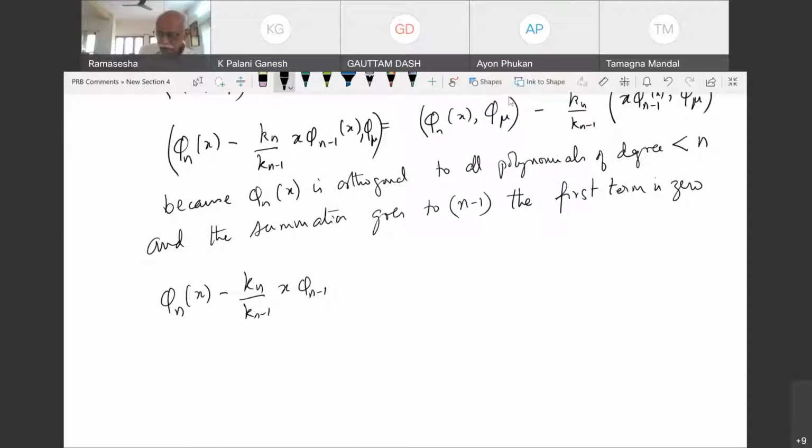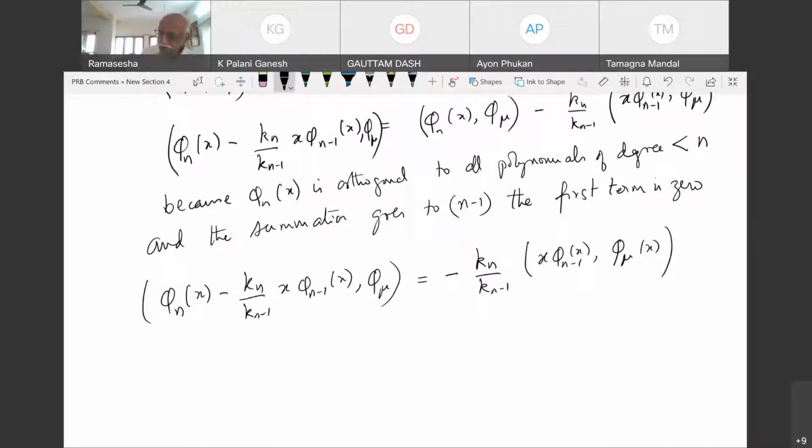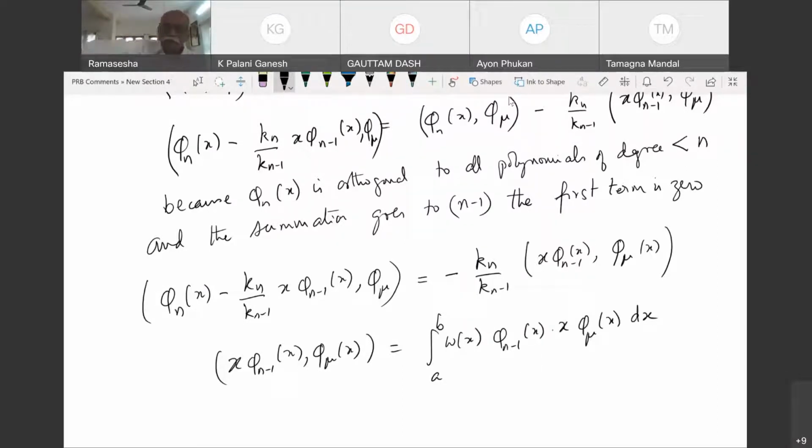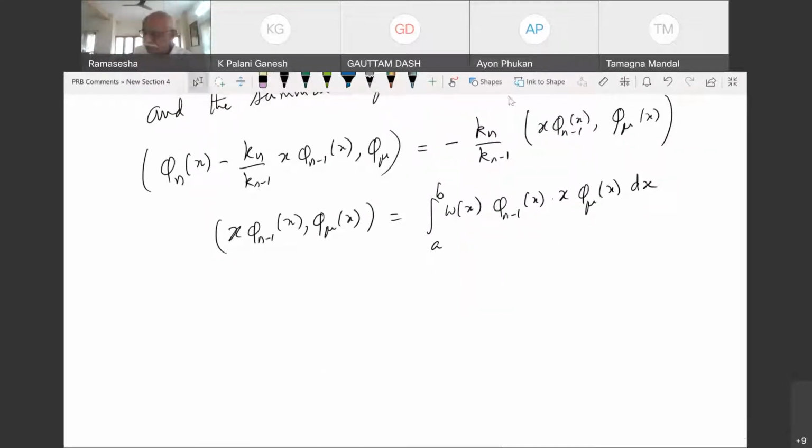So this is going to give me minus k_n upon k_{n-1} times the inner product of x p_{n-1}(x) with p_mu(x). What is this? The inner product is actually the integral from a to b of w(x) p_{n-1}(x) x p_mu(x) dx. And x p_mu(x) is a polynomial of degree mu plus 1.